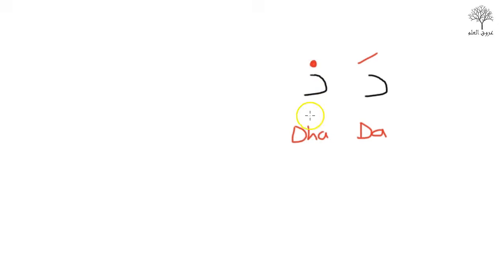So this shape, you're trying to say a cross between D and Z, and it comes out as ved. So imagine that. That's dot on top. It's stopping you from pronouncing it correctly. So it's the.